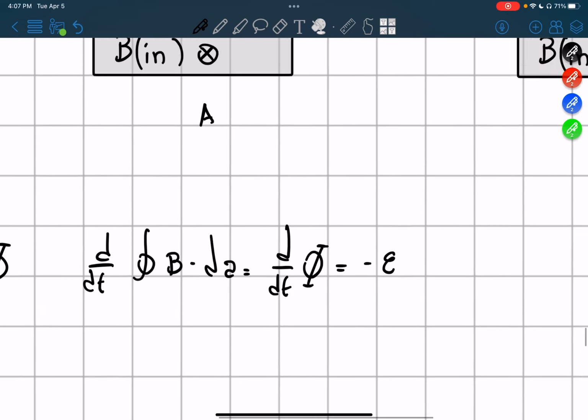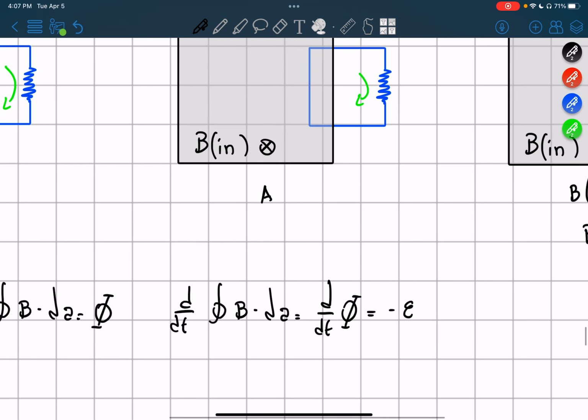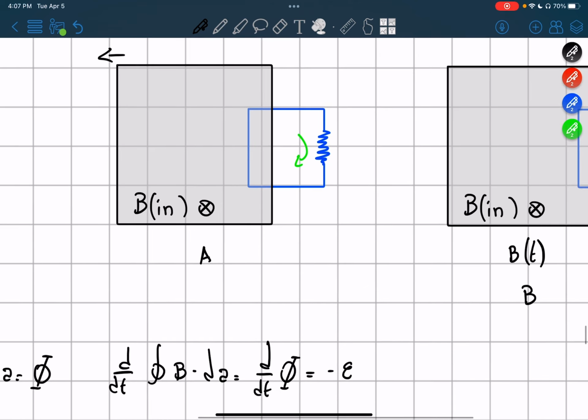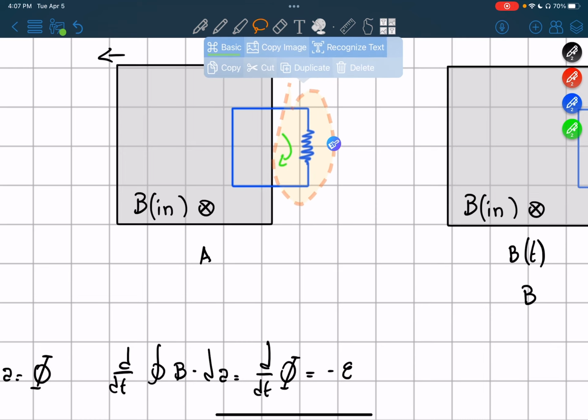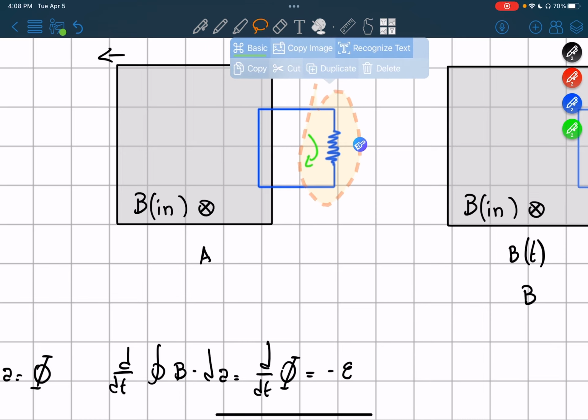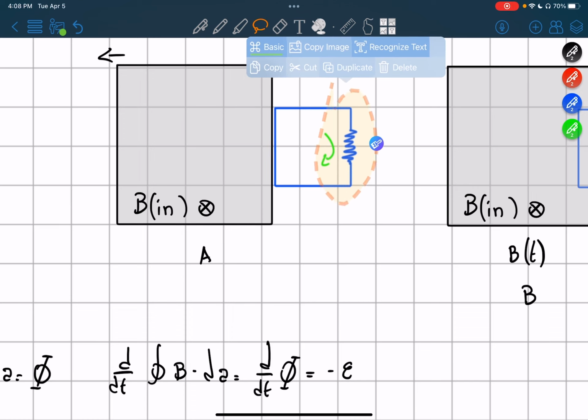Now we use negative because the EMF is going to go clockwise. It's going to go in the opposite direction of the change of our flux. For example, in the first one, we can see that our flux decreases because of course we're decreasing the area.